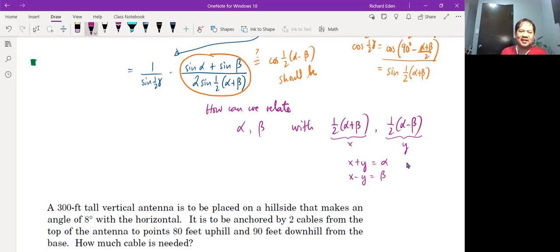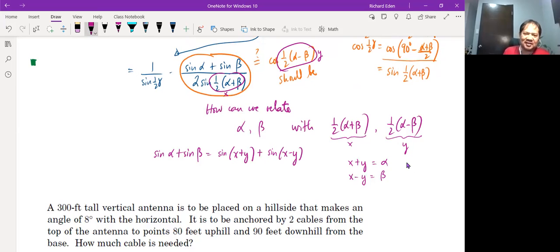So therefore, sine of alpha plus sine of beta is equal to sine of x plus y plus sine of x minus y. And then gusto natin mag-appear, matira na lang, y and x. So let's see what this is going to be.